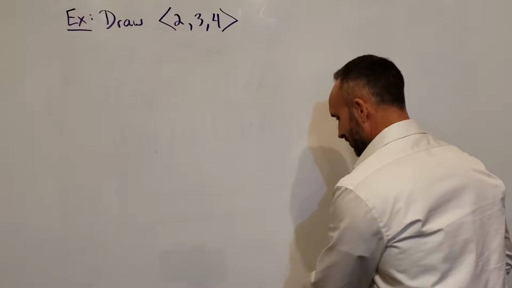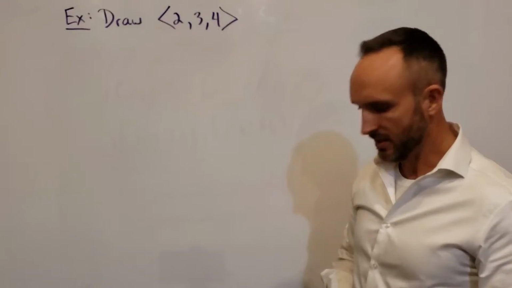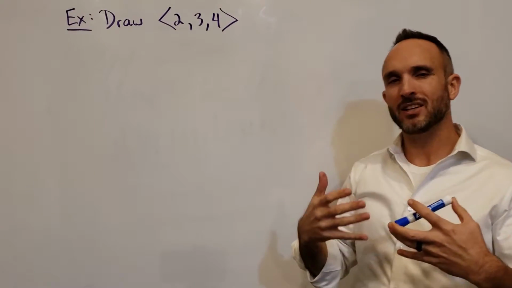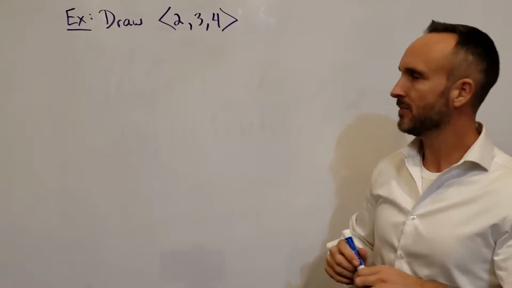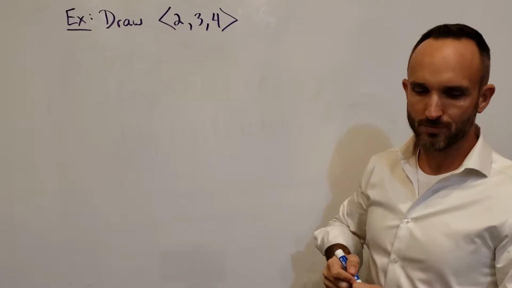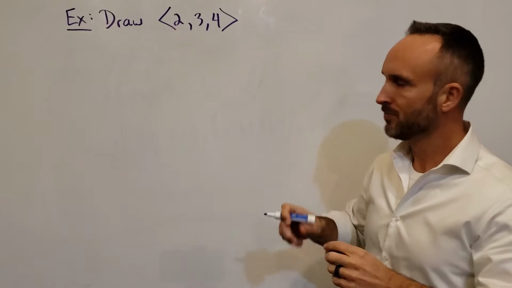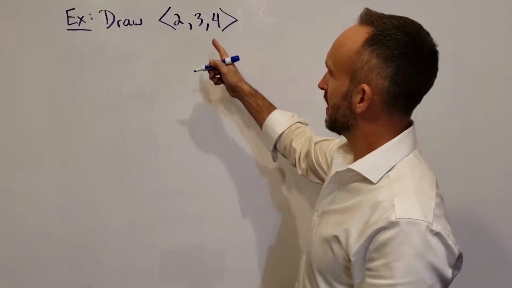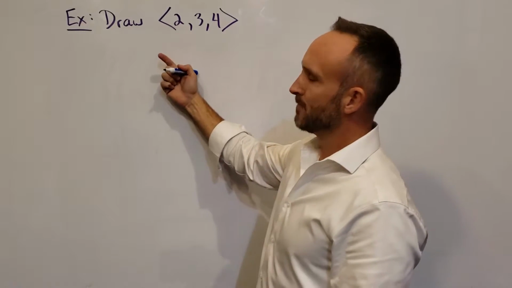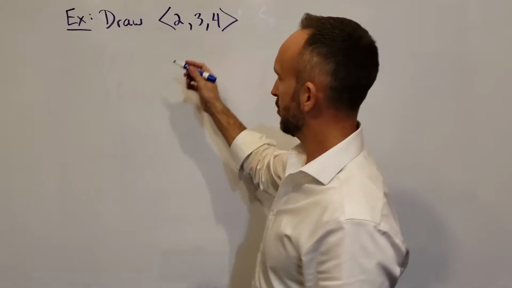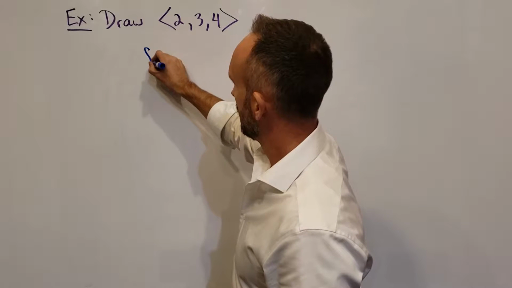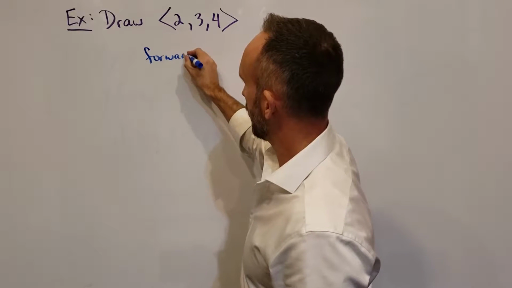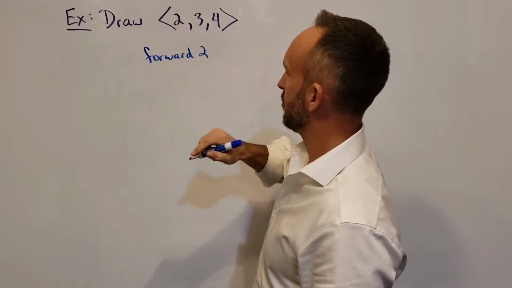Now, the problem with this is I need to draw this vector giving it a 3-dimensional perspective on a 2-dimensional board. So it can be a bit challenging. What we're going to do is assume that the positive x direction is coming forward out of the board. So the 2 means we're going to move forward 2 from our starting point.